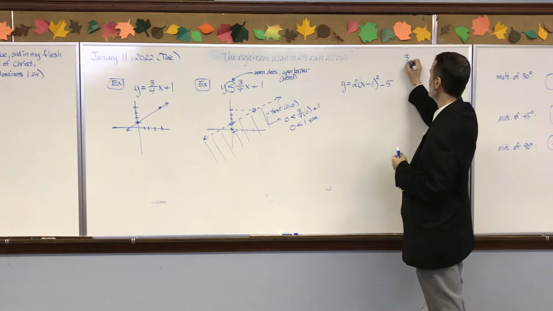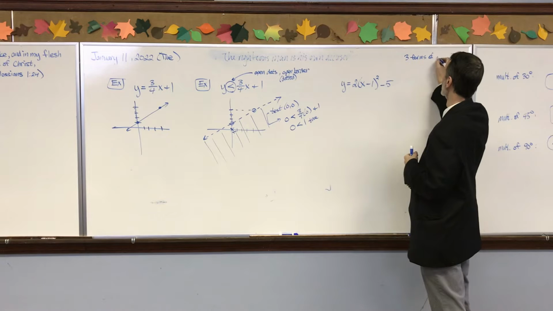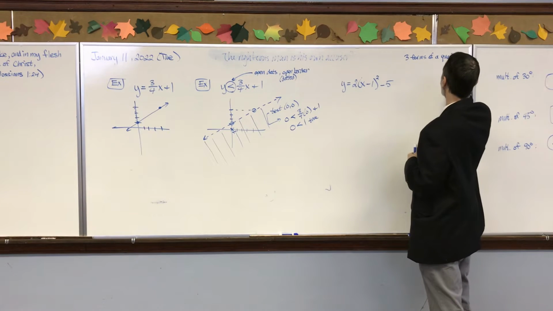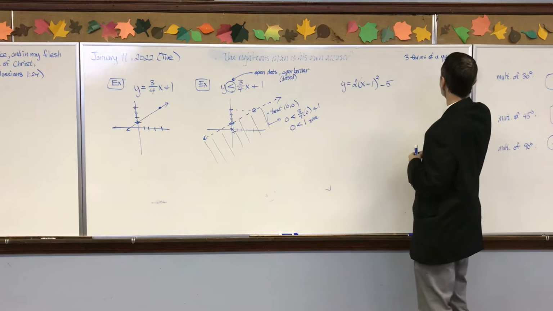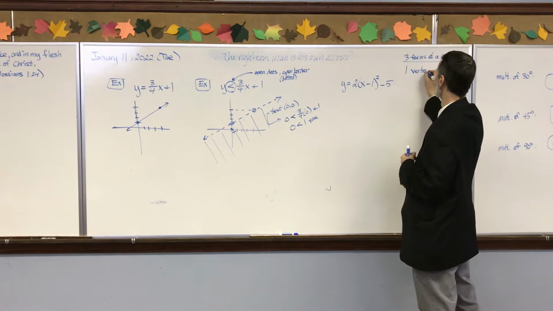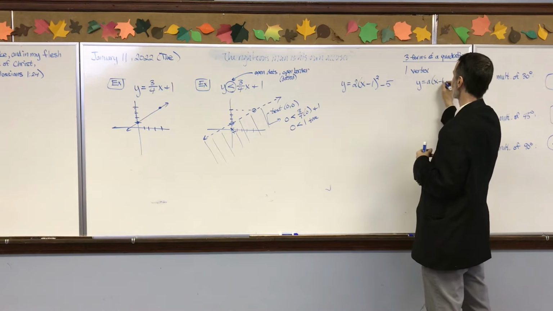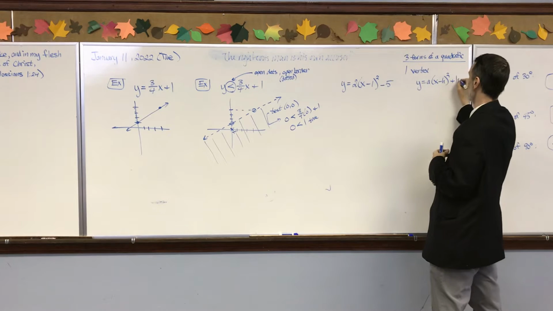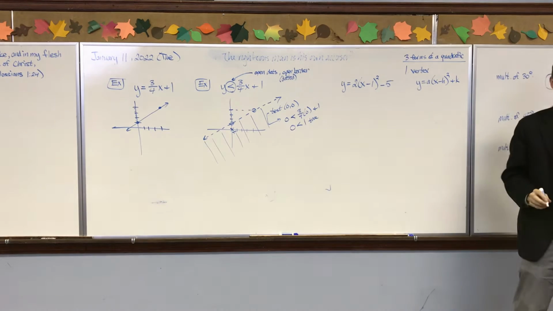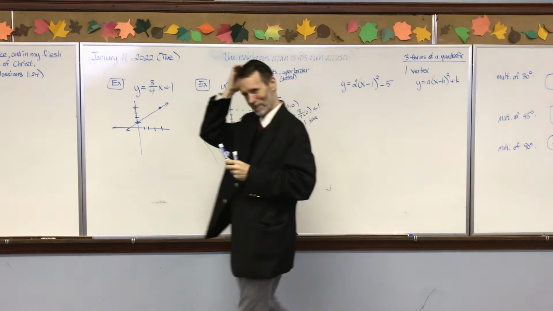There are 3 forms of a quadratic that we covered. The first is vertex form. Y equals a parentheses x minus h parentheses squared plus k. If you do not have that ready in your memory, write it down.